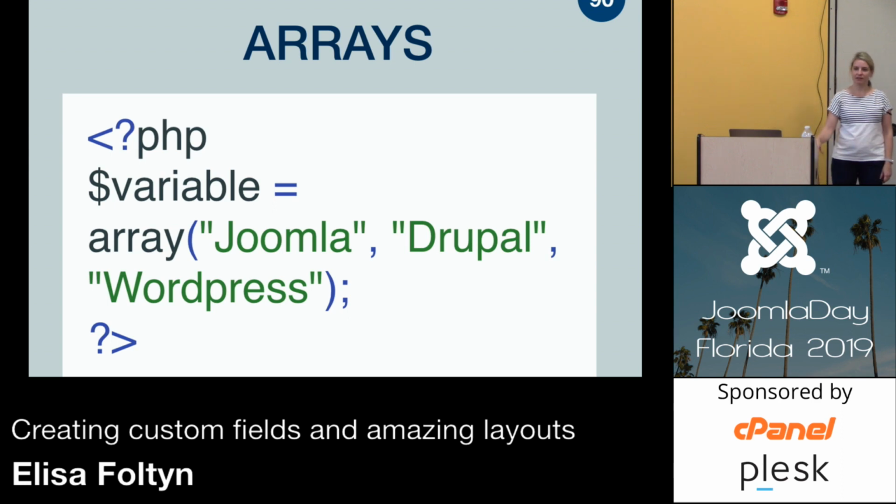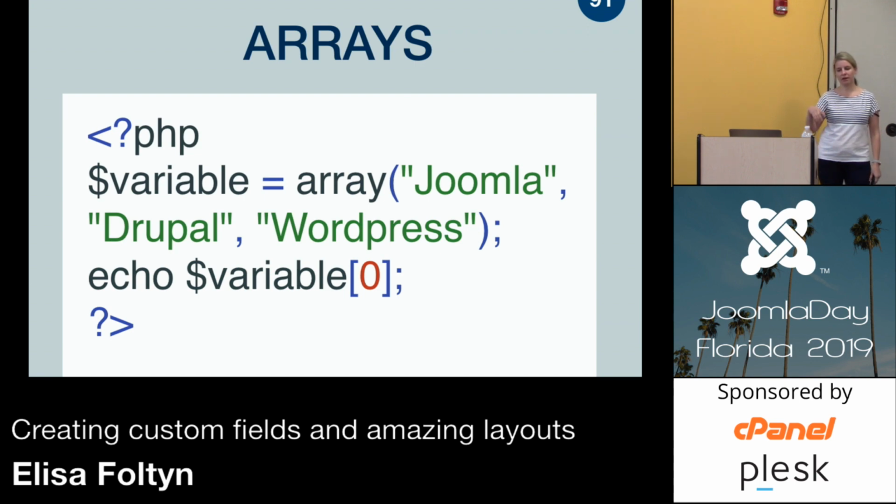An array is basically a variable which stores different kinds of data. So I don't have just one leading item, I have several leading items that are stored in this array. For example, I have a variable, and the array is Joomla, Drupal, WordPress.